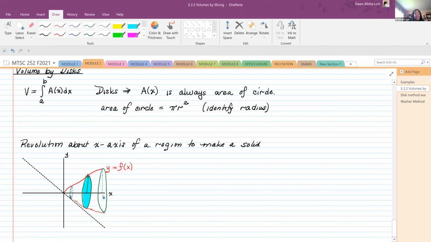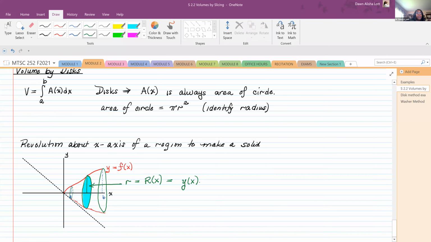The first thing that I notice is that the radius is just the height. This is the radius r, and that for me in this problem is just y of x.